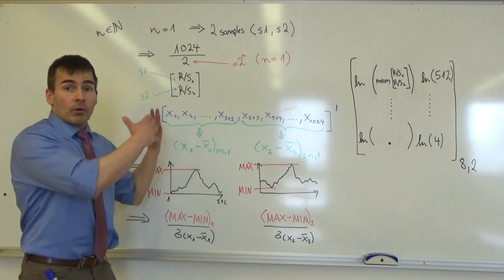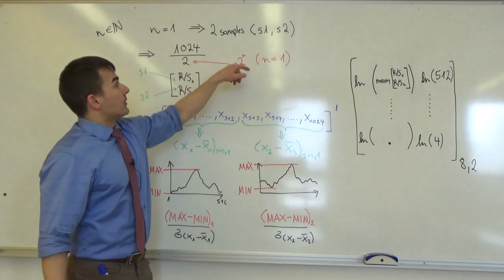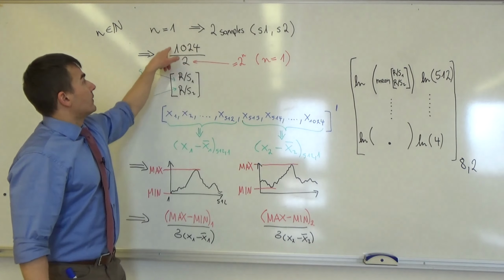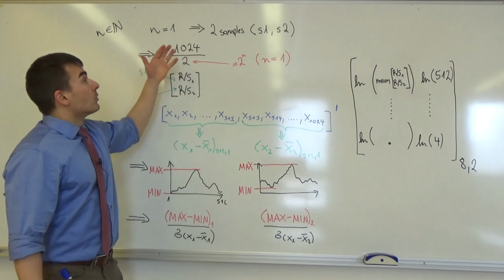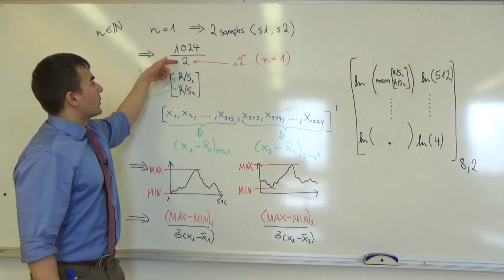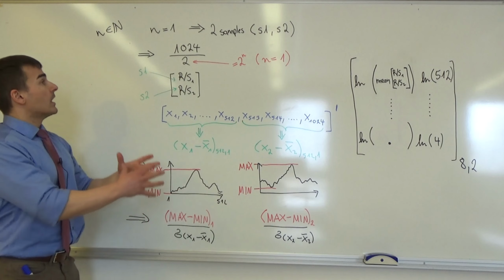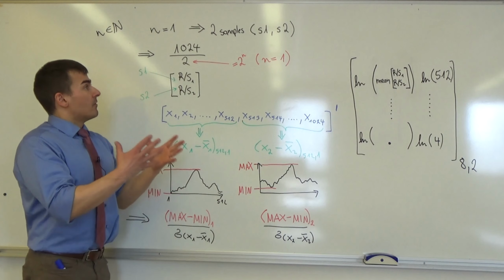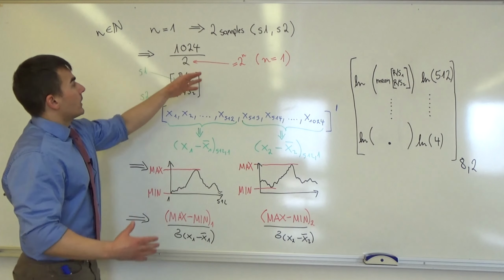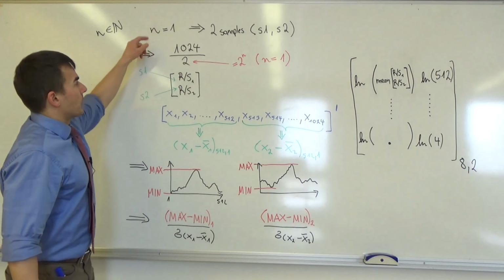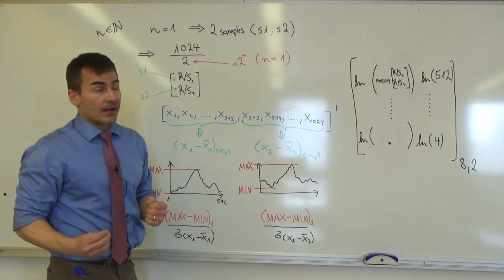In the next iteration, obviously, n would be 2, and then we would divide the total number of observations by 4 instead, and so on and so forth. But now let's just have a look at the case when we are in the first iteration. So knowing that means that we have to deal with 2 subsamples. So we have to divide the whole data vector into 2 subsamples of equal length.